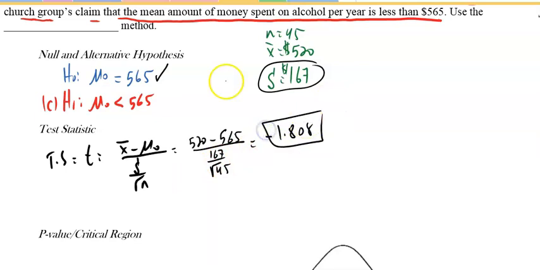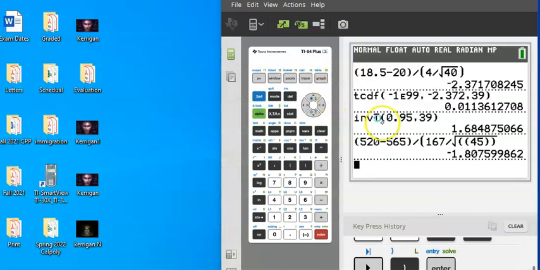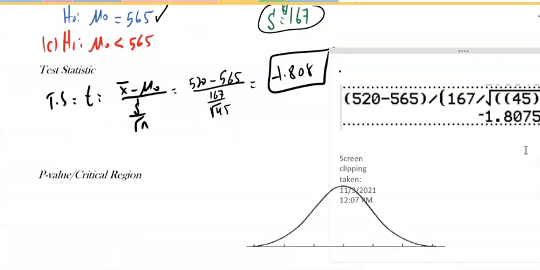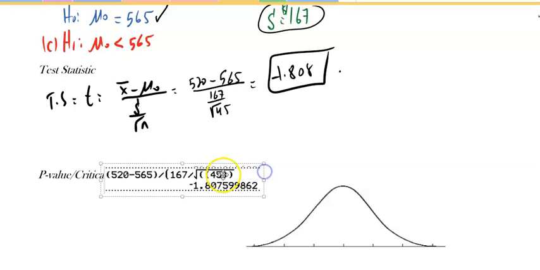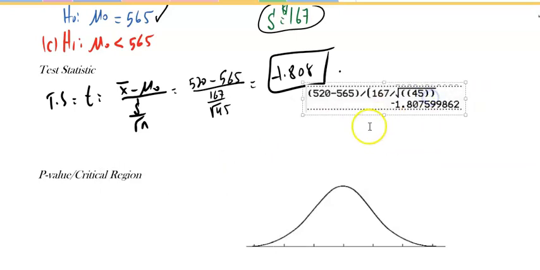Make sure you copy that right from the calculator. It makes a big difference whether it's negative 1.08 or 1.8. And I'm going to copy that from the calculator as well to make sure that we have everything we need in case you look back at this. And there it is. Very good.